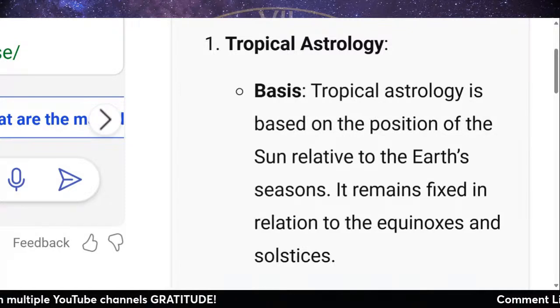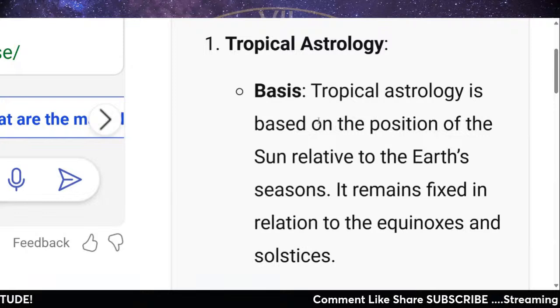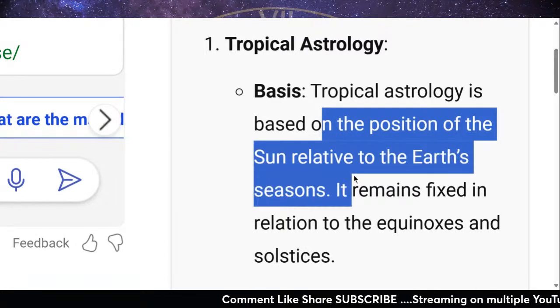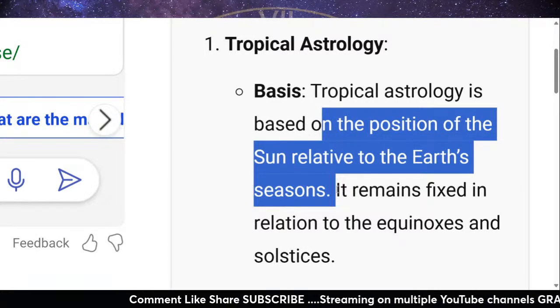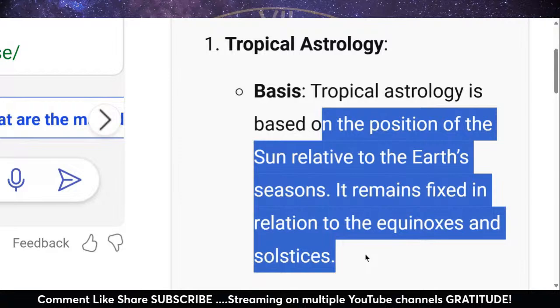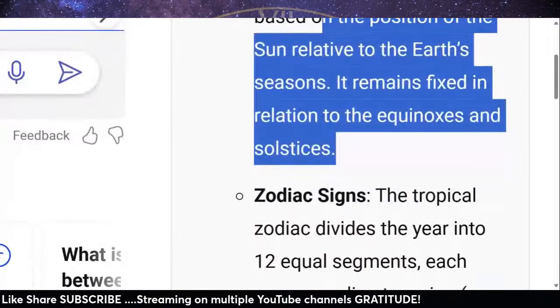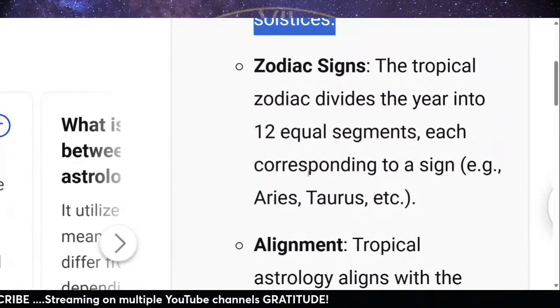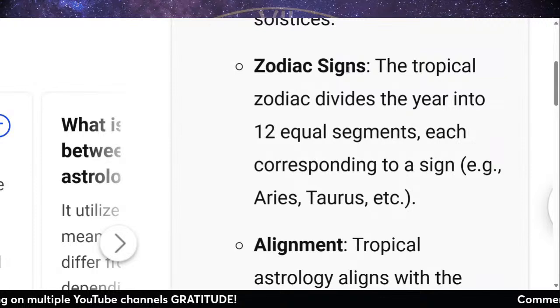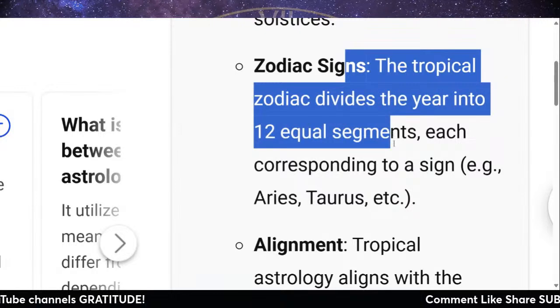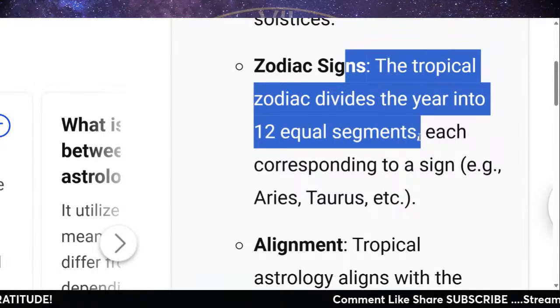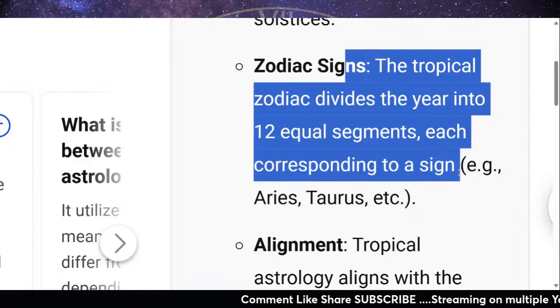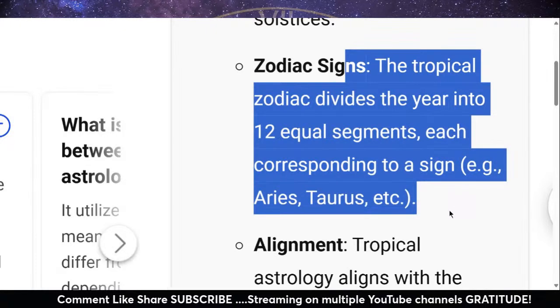Okay, let's go. Tropical astrology is based on the position of the sun relative to the Earth's seasons. It remains fixed in relation to the equinoxes and solstices. The zodiac signs: the tropical zodiac divides the year into 12 equal segments, each corresponding to a sign, for example, Aries and Taurus.